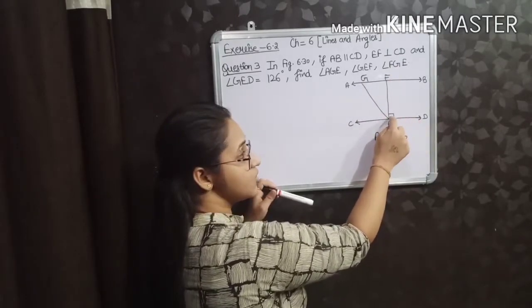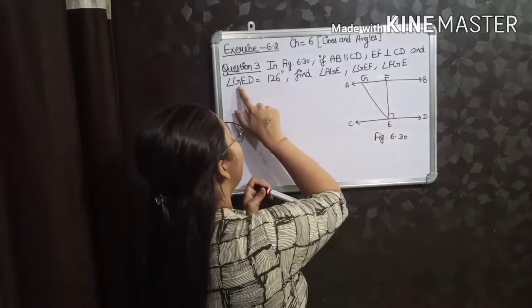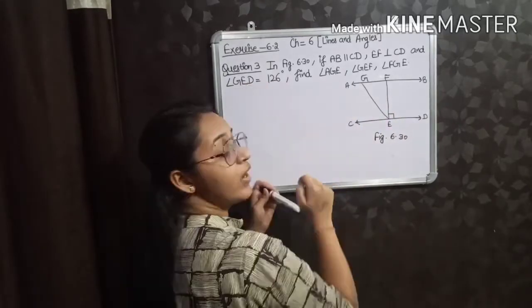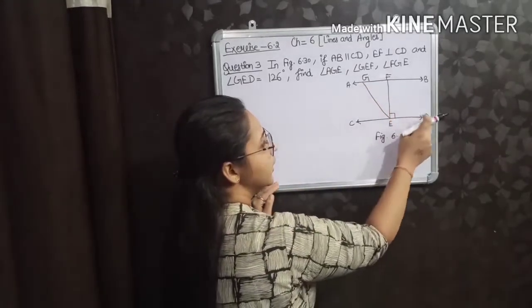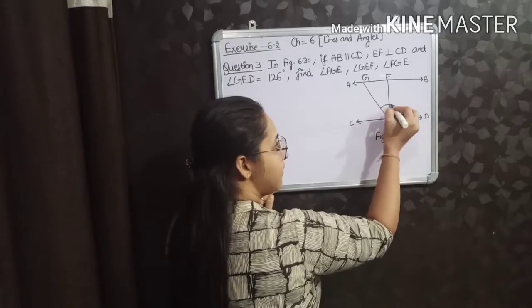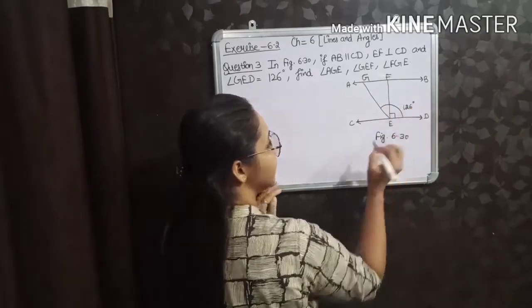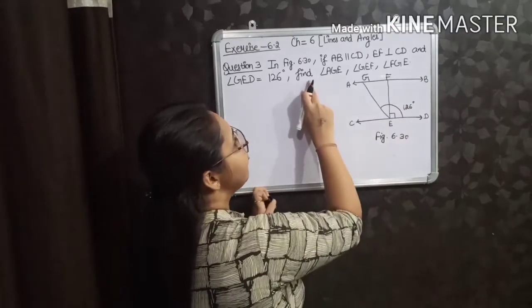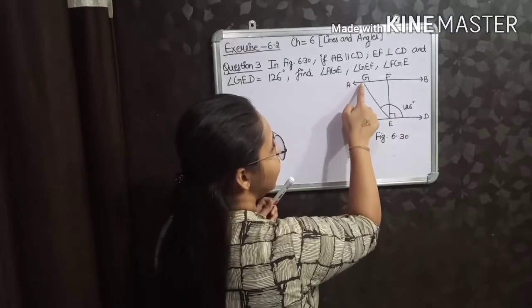It means this angle is of 90 degree and this complete angle is of 90 degree. And angle GED is 126 degree. Where is angle GED? GED. It means this complete angle is 126 degree. It is given. Now, find angle AGE. Where is angle AGE?